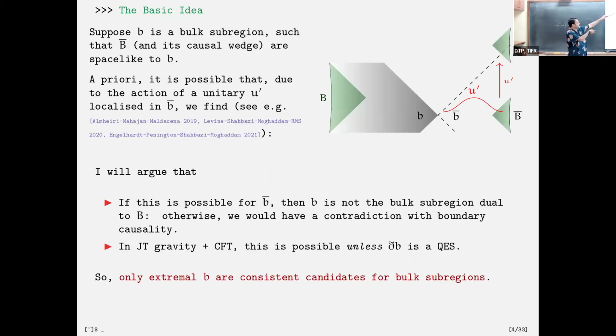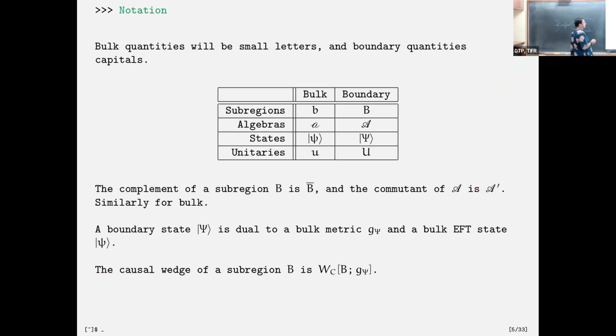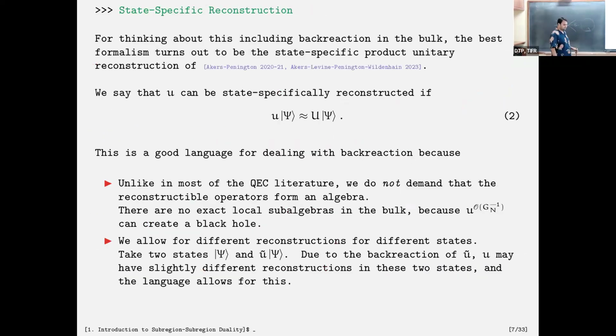So this is backreaction: the fact that relative locations of points are changing due to the insertion of a bulk operator. Like the energy of this guy will change the geometry of the bulk. But the thing will be felt at some order of G Newton.